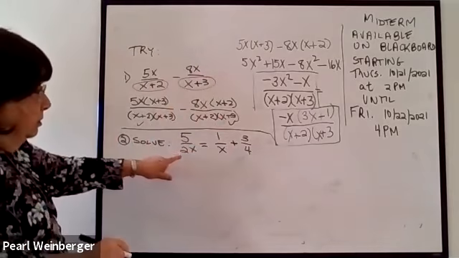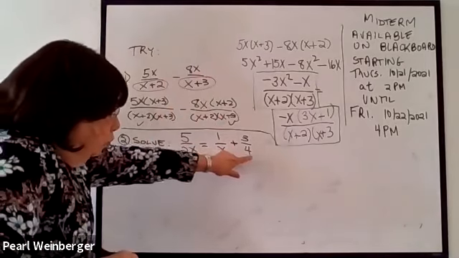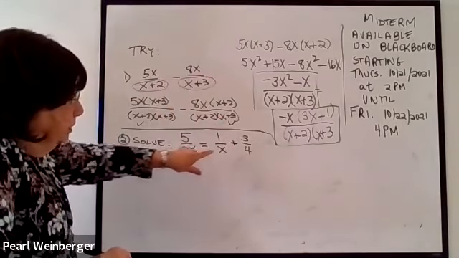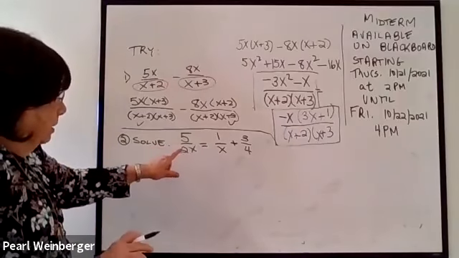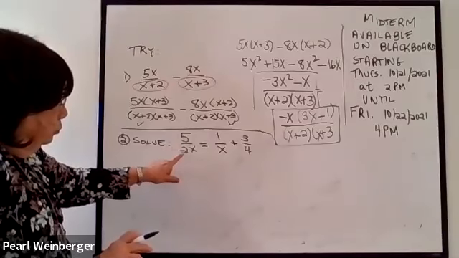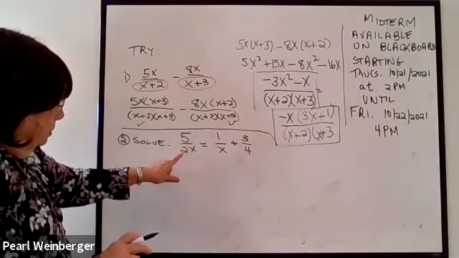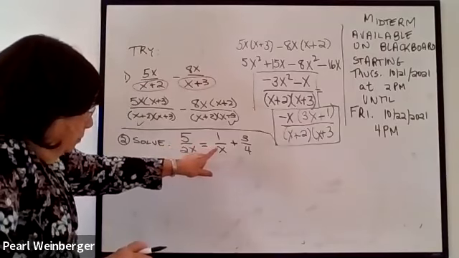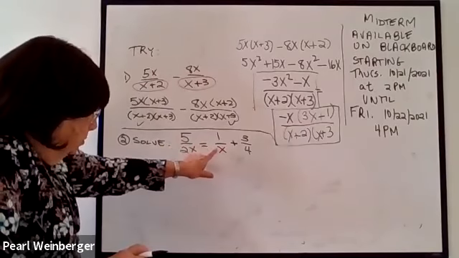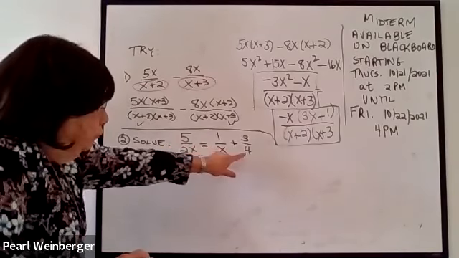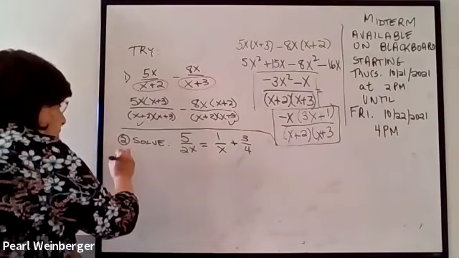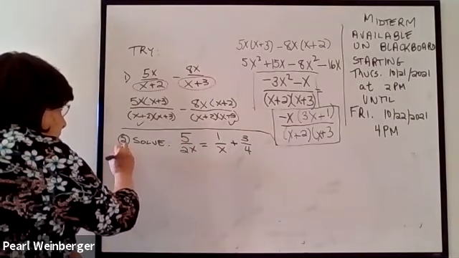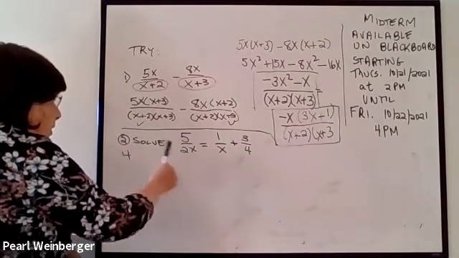Now, in this case, my denominators are all monomials, single terms. So if you remember, when finding the common denominator, all you have to do is take the numbers, which are 2, here there's an understood 1, and 4. So the common denominator of those is going to be 4.